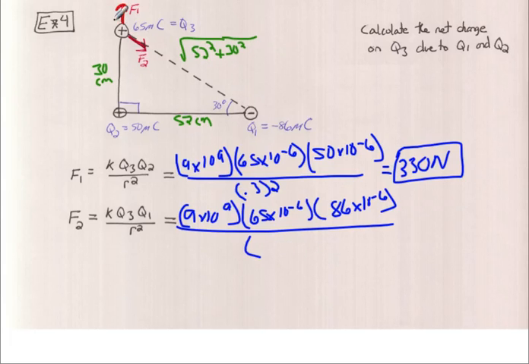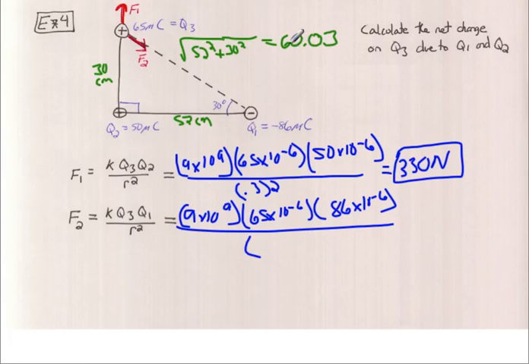So that's where we're going to have to use that distance that we calculated there in green. Let's see what that is. I'm going to put that in my calculator. So, square root of 30 squared plus 52 squared. Significant figures wise, it's 60.03.